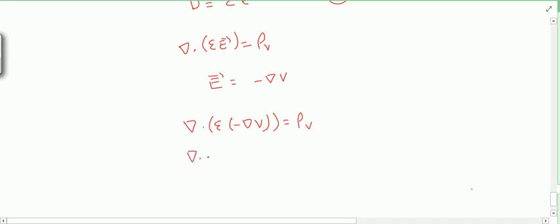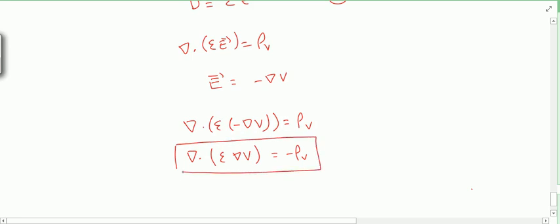Then the equation will look like del dot epsilon del V equals minus rho v. This will be the equation.